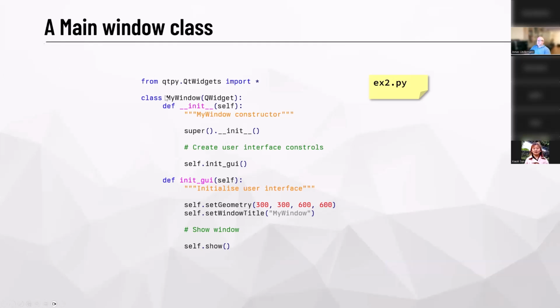And what you do then is you inherit from the widget class here, and then you add your own constructor, and of course you have to call the constructor of the inherited class.